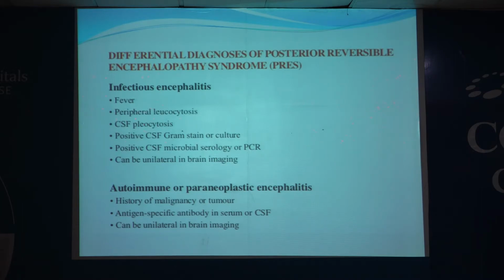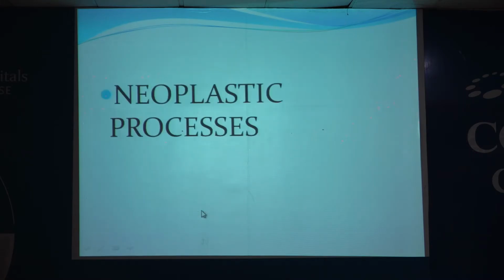PRES is basically a rule out diagnosis, that is we exclude all other diagnoses and then we come to the final conclusion. Similarly, in cases of autoimmune or paraneoplastic encephalitis, a history of malignancy or tumor may be seen. CSF analysis will show antigen specific antibodies, etc.